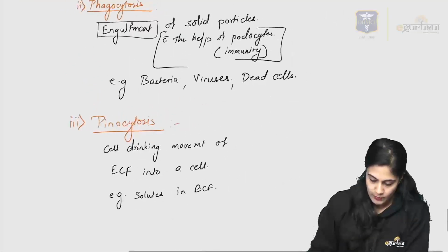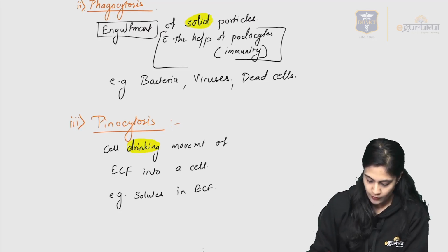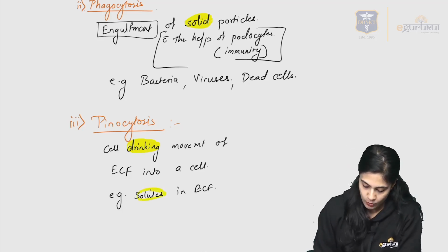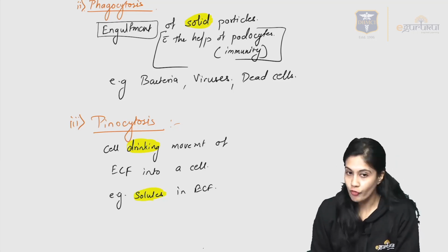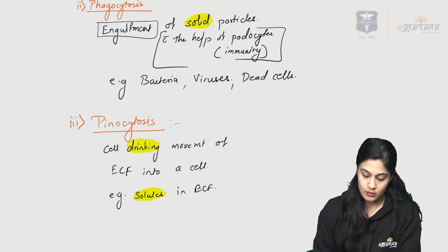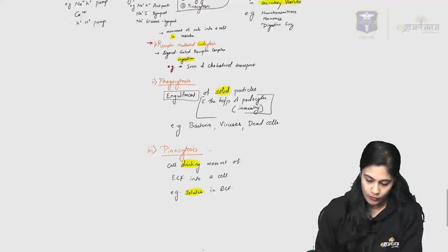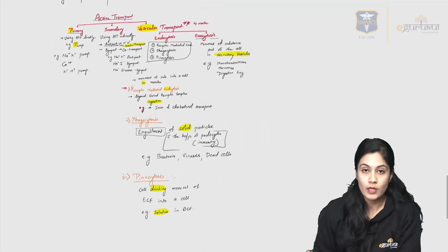So, what is the difference between phagocytosis and pinocytosis? Phagocytosis was of solid particles, and this is a drinking movement of ECF into a cell, right. As the solute goes inside, the water also goes inside, right. So, this is about the cell drinking movement of ECF into the cell. That is pinocytosis, which is the third type of vesicular transport in endocytosis, right.